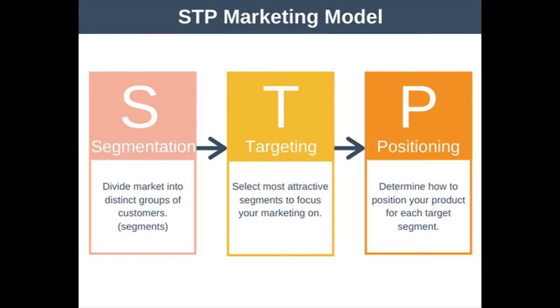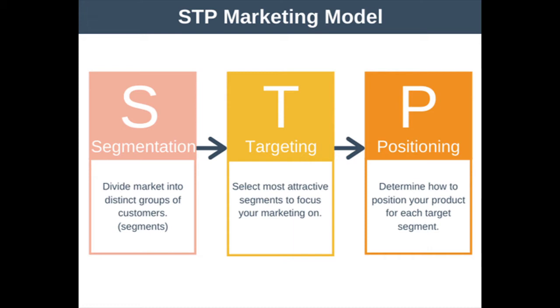So the first step of the STP process is to segment the market. In this step, the company divides the market into groups based on some criteria. There are a number of criteria, like the demographic, geographic, and psychographic. For demographic, it's dividing the market based on any combination of age, gender, income level, educational level, marital status, occupation, and ethnicity.